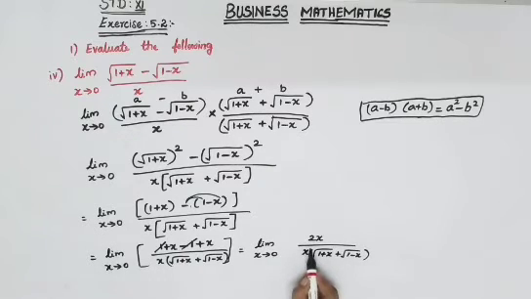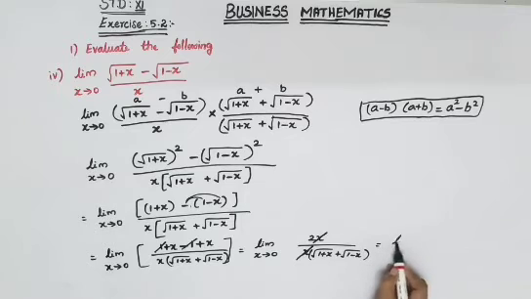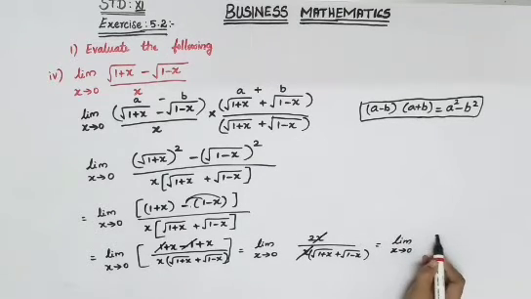Then you can cancel this x and this x now. So you will have limit x tends to 0, 2 divided by root of 1 plus x plus root of 1 minus x.